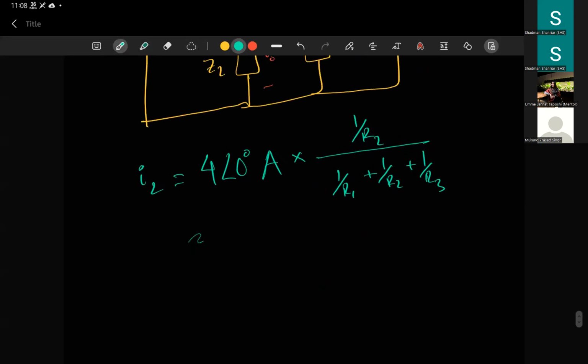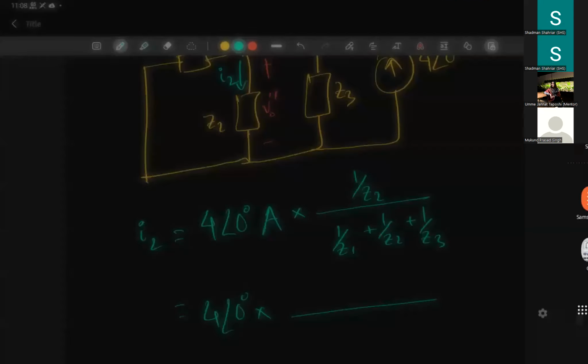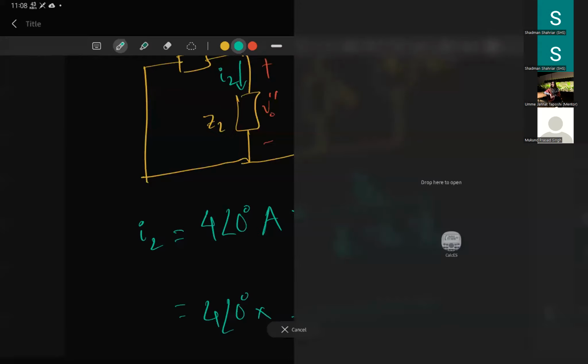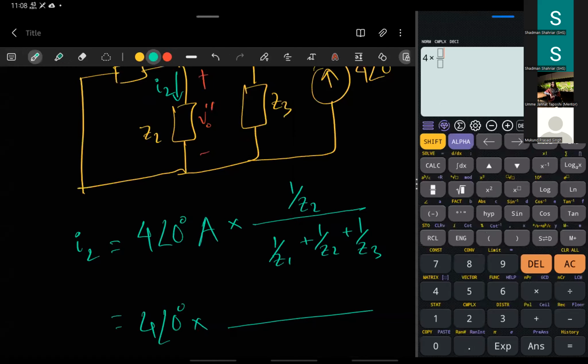So we have 4 angle 0 degree times 1 by Z2. I'm going to change them back to Zs. So the values of Z1, Z2, and Z3. Why not I just write the values directly in the calculator? So 4 angle 0 degree. I'm not going to write the angle 0 degree. So the value of Z1 was 8.